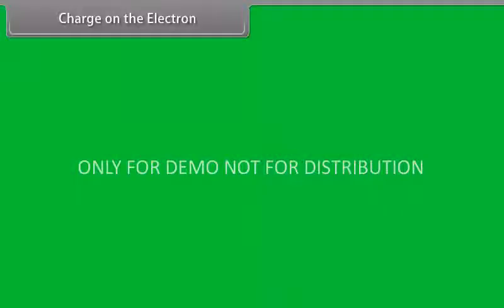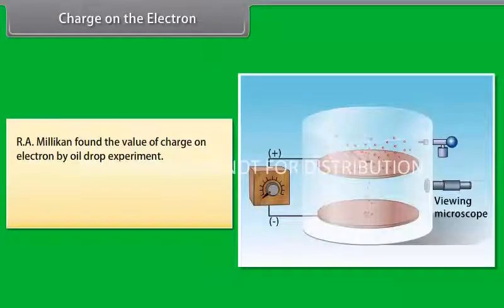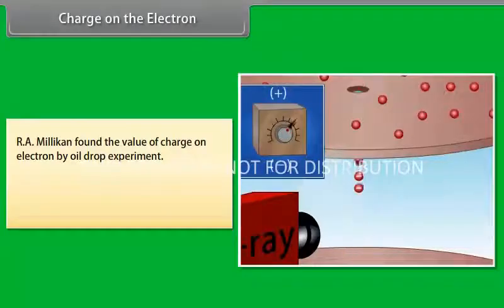Charge on the electron. R. A. Millikan found the value of the charge on the electron by the oil drop experiment. The oil droplets enter the apparatus through a small hole and are allowed to fall in between two charged plates. The motion of the droplets is observed with a microscope. The space between charged plates is irradiated with X-rays.